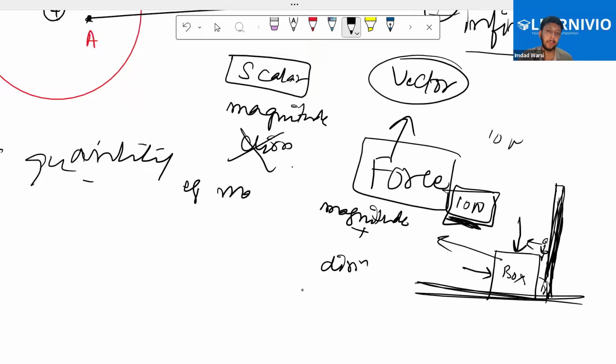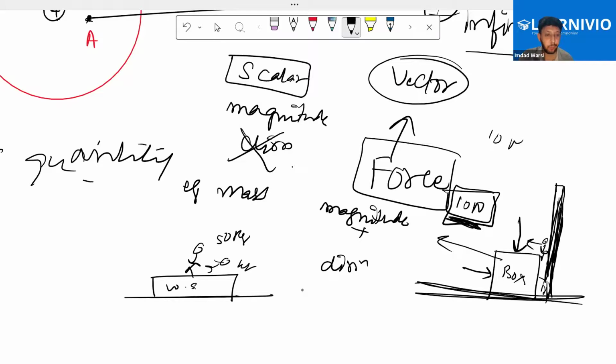For example, mass. Let's suppose this is a weighing scale. You stand on it, you will measure, let's suppose, 50 kg. If you lie down on it, then also you will measure 50 kg. If you put your head up and stand like this, then also you will measure 50 kg. So you are changing the direction, but is the mass changing?